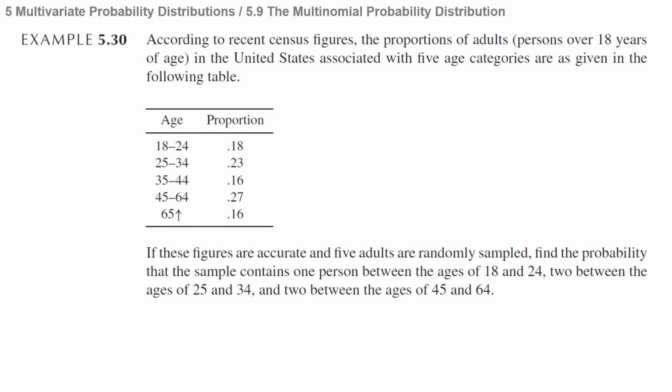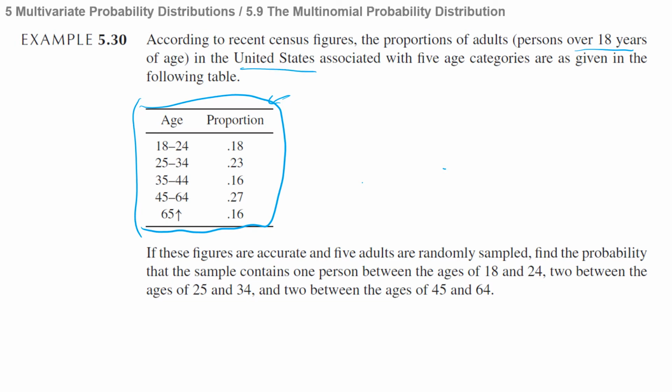Okay, let's move on to example 5.30. According to recent census figures, the proportions of adult persons over 18 years of age in the United States associated with 5 age categories are as given in the following table. Here's the recent census table for the United States.